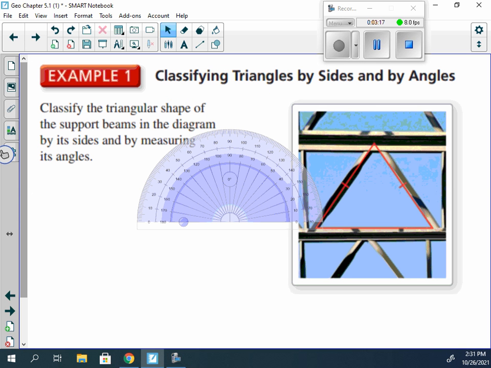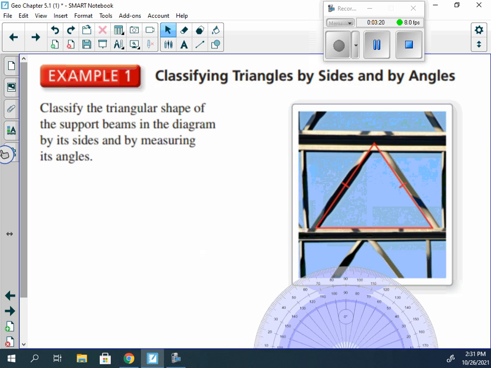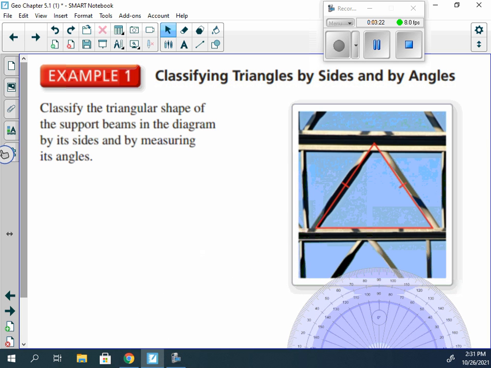We want to talk about first, we're talking about classifying angles. We're classifying triangles by its angles and side lengths. Now, it might be a little bit hard to tell, but in the diagram here, we do have a triangle. And it gave us two markers on either one of these sides.